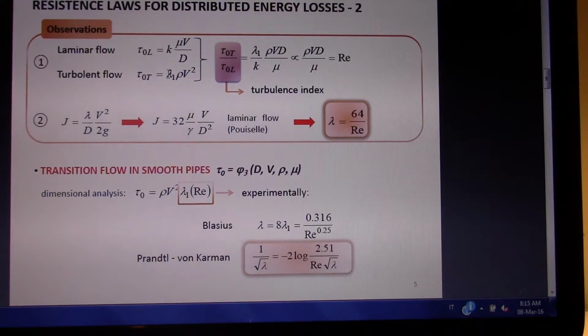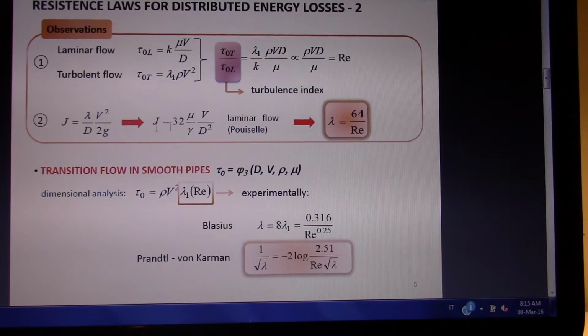Another very important observation is that if you just recall the Darcy-Weisbach law that we have defined before, and since this law is valid for every kind of flow, if you consider the laminar case, the Poiseuille law is valid, which was again 32 mu over gamma times v over d to the power of 2.